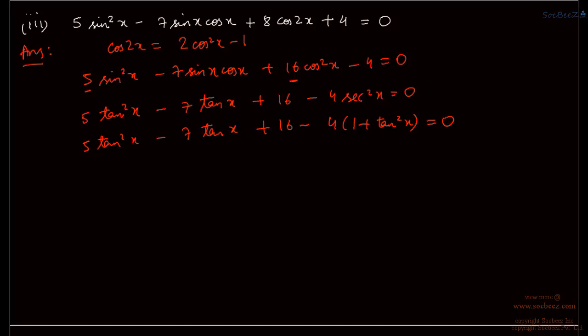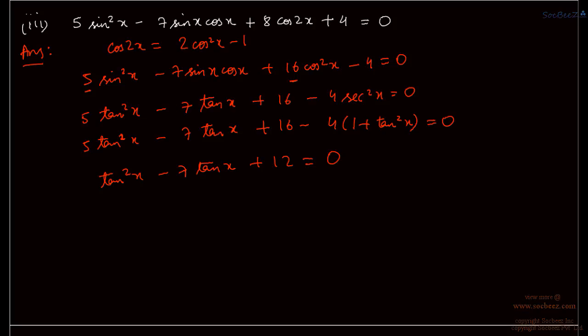Okay, so now let's combine all the terms here. So for tan squared x, the coefficient should be 1, minus 7 tan x plus 16 minus 4, that gives us 12. So this is a simple quadratic in tan x, the roots of which are very simple.